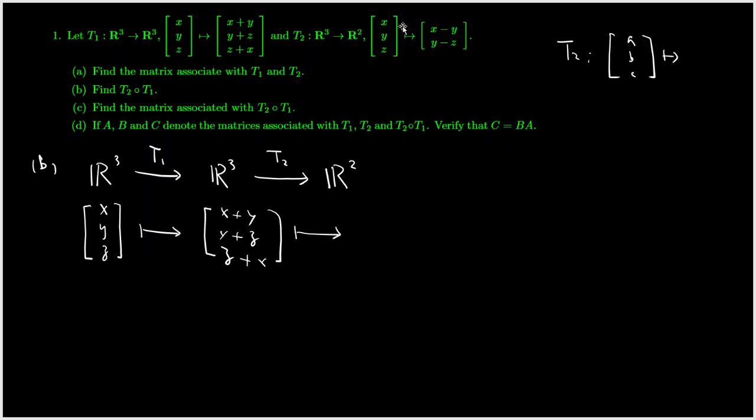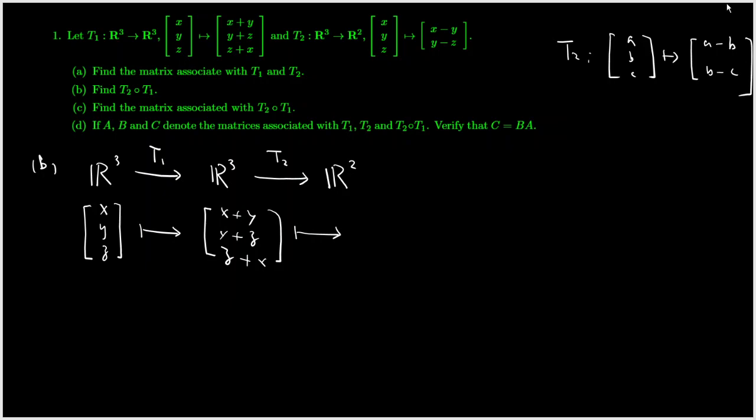By that I mean x, y, and z can be replaced with anything. You could use a, b, and c. You could use u, v, w, or whatever. So a, b, and c are mapped to a minus b, right? And then the second component is y minus z, which means b minus c. Is that right? Correct me if you see anything wrong.